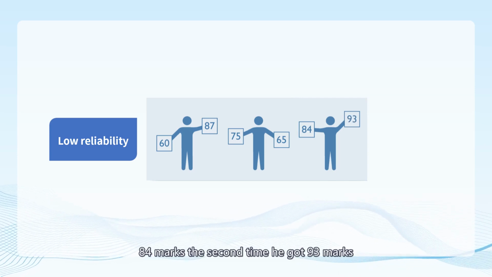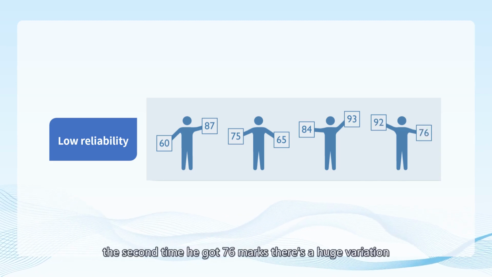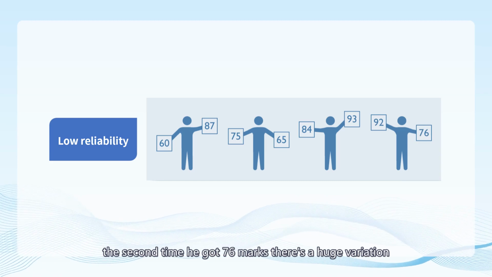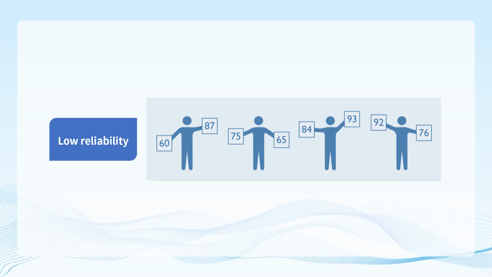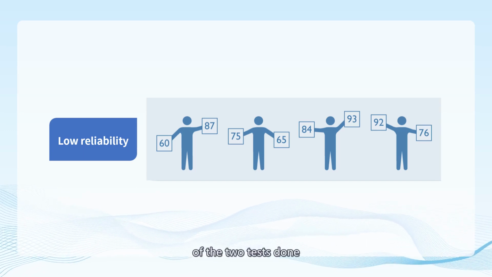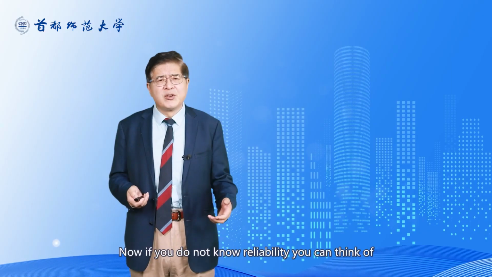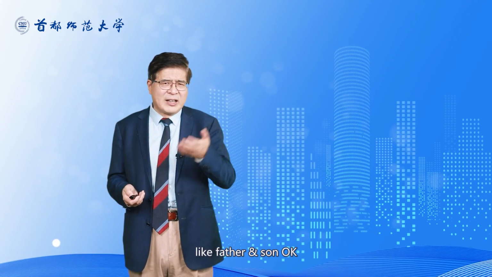The second time he got 93 marks. And the fourth person, the first time he got 92 marks. The second time he got 76 marks. There are huge variations between the results of the two tests done. So there's low reliability.